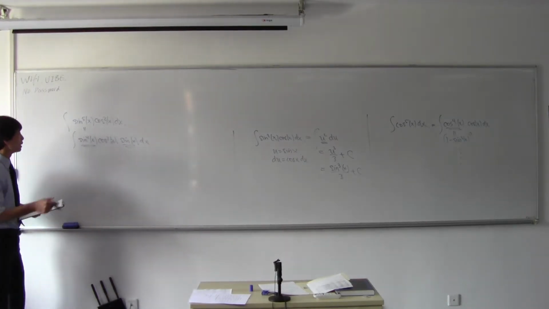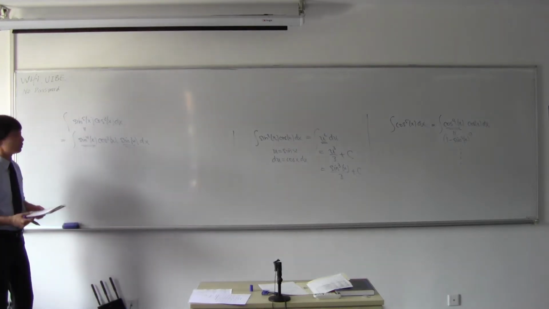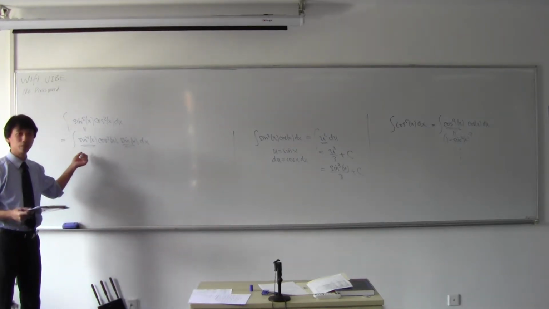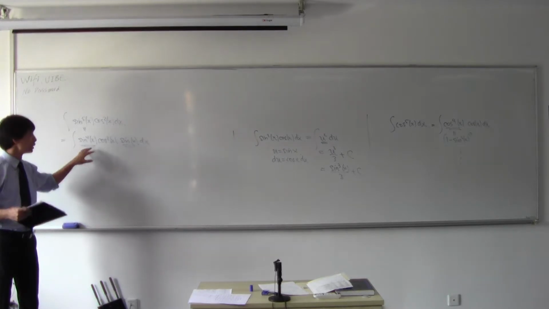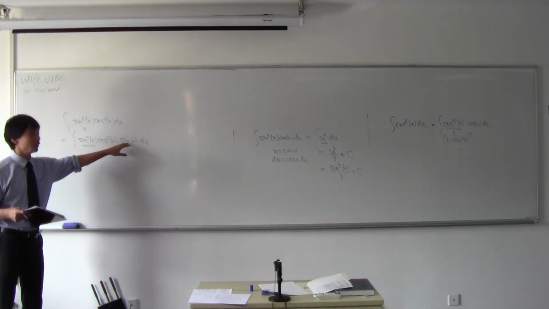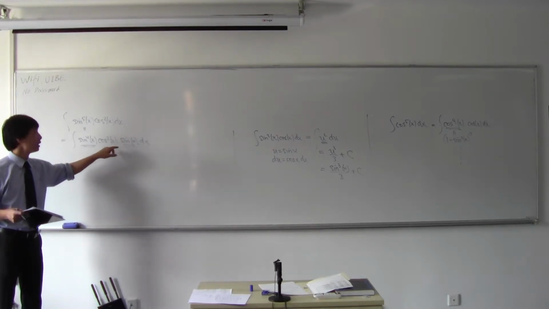And you see what I'm going to do, right? What am I going to do next? I'm going to say 1 minus cosine squared, quantity squared. And then I've got my u substitution.